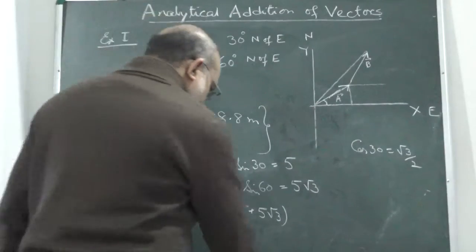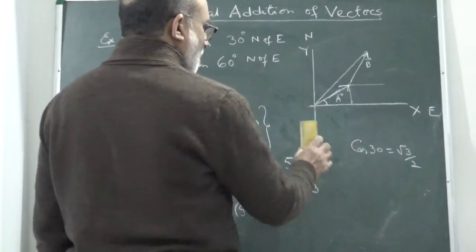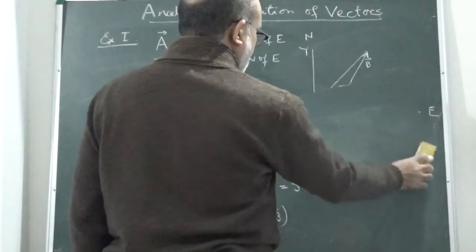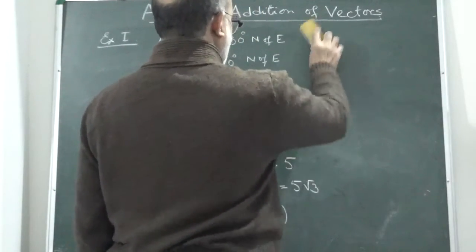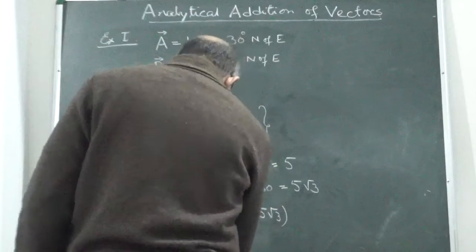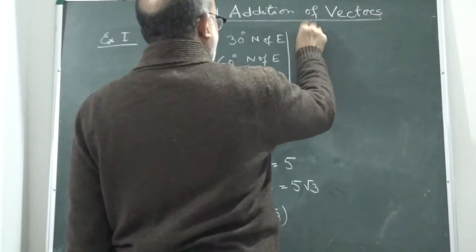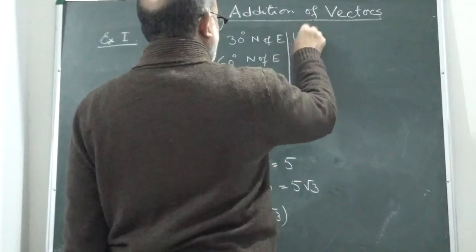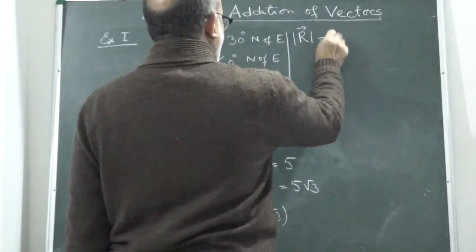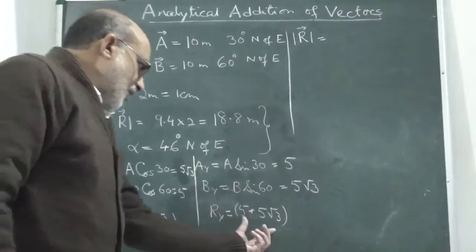Now I am removing this to make space for my calculation. So the magnitude of R is given by Rx square plus Ry square.